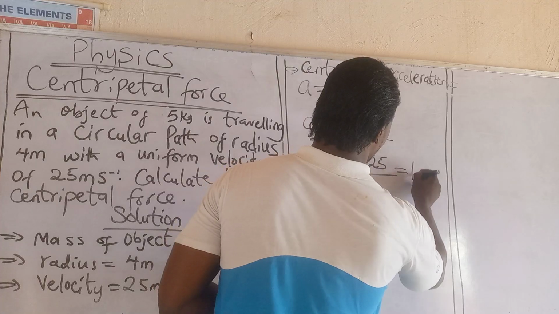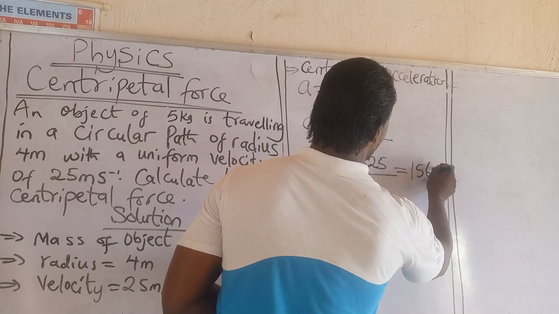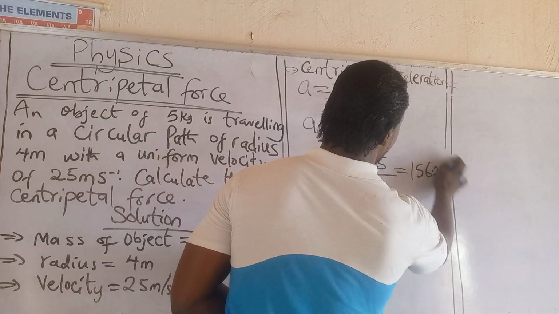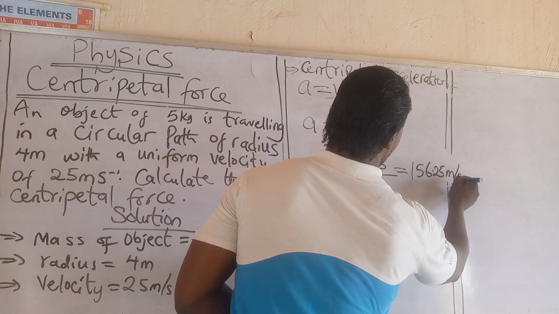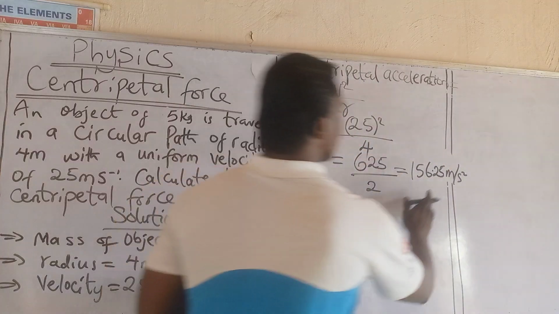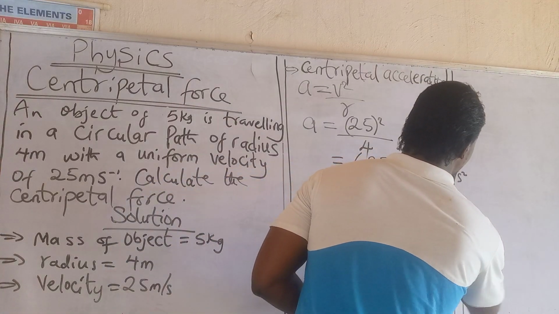It gives us 156.25 meters per second squared. Okay? So you've gotten the centripetal acceleration.